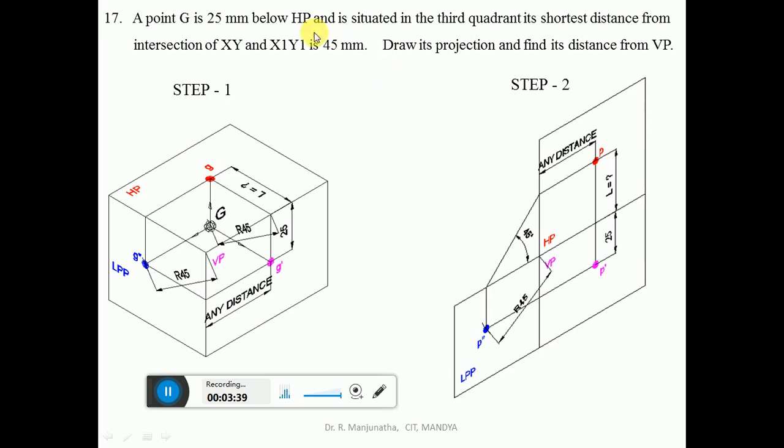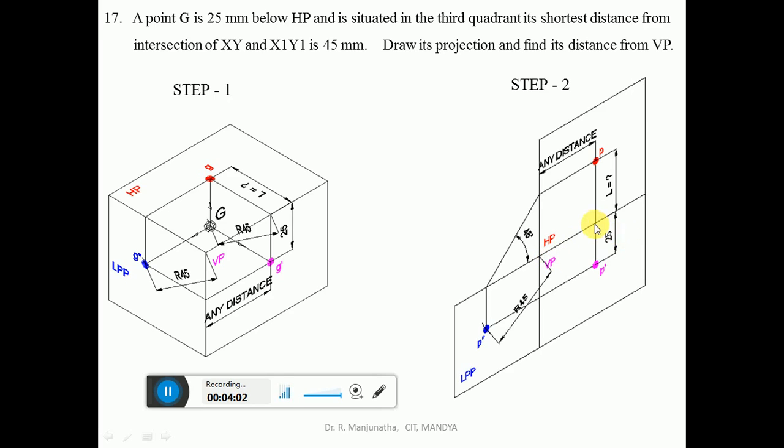Now the distance with respect to the profile plane is not given, so we can take whatever distance we want and draw a vertical projector, and the distance below HP, which is 25 mm. From the xy line you measure 25 mm. Because the image is on the vertical plane, the image is below the xy line.